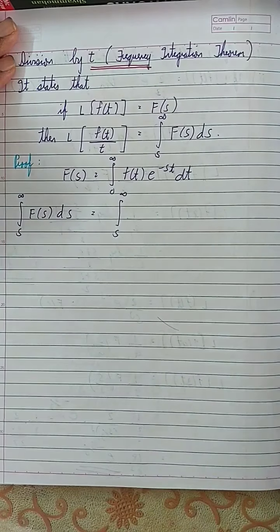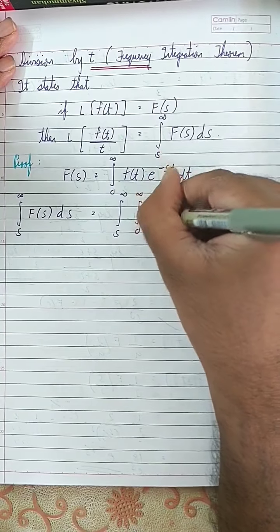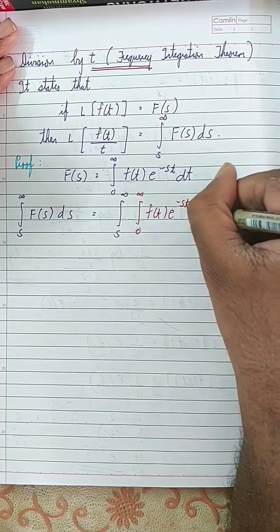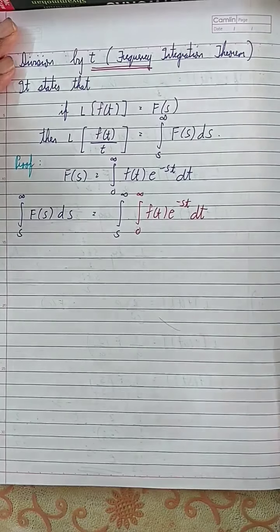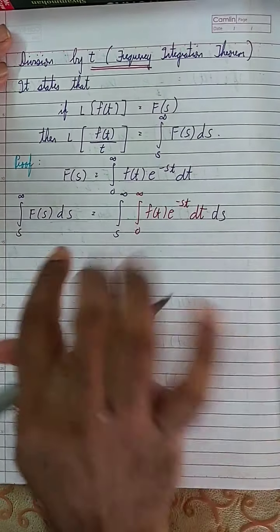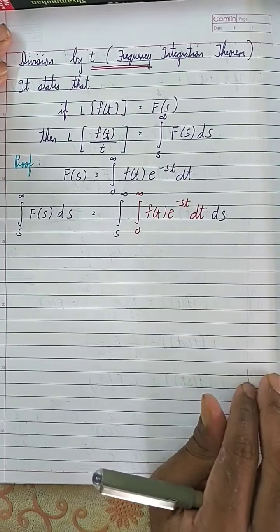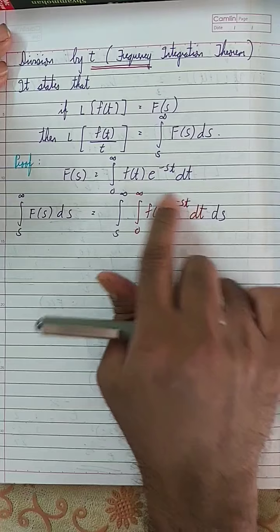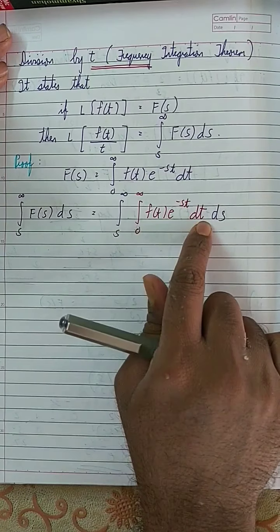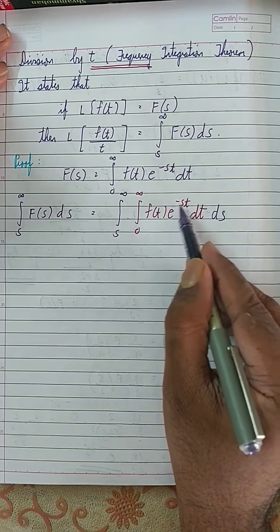This can also be written as integral 0 to infinity f of t e raised to minus st dt ds. Okay, I just replaced the value of F of s with this equation. That's all. Okay, so now I want to integrate this with respect to s. But if you look in this entire equation, the only place where there is an s is over here. This is the only place where there is an s, right?